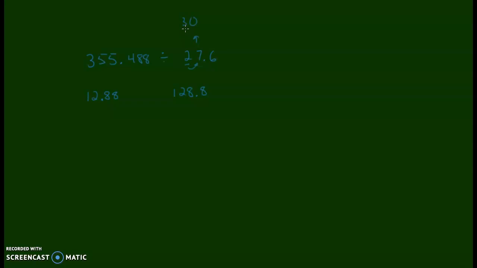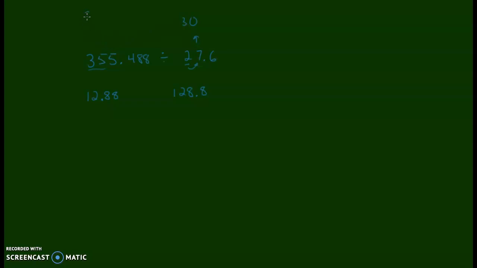Now that I've rounded this one, I'm going to look at the first digit here, 3, and I'm going to look at the first two spots here. The closest I can get to 35, that's a multiple of 3, is 36.